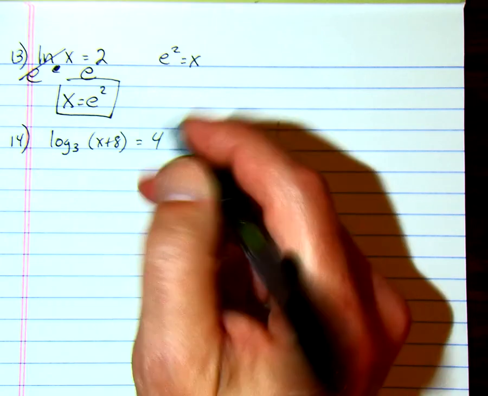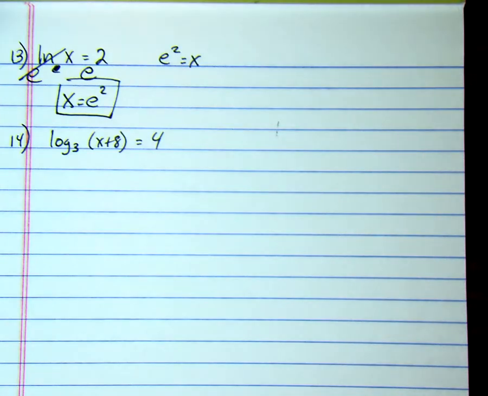Okay. So again, this is going to be how you prefer to look at it, but it's going to work the same way in the fact that we're going to exponentiate both sides.